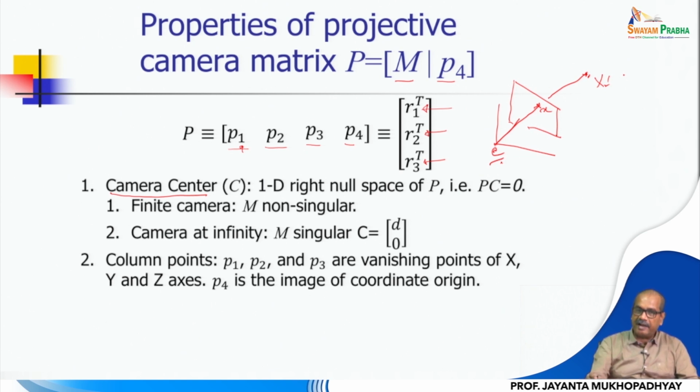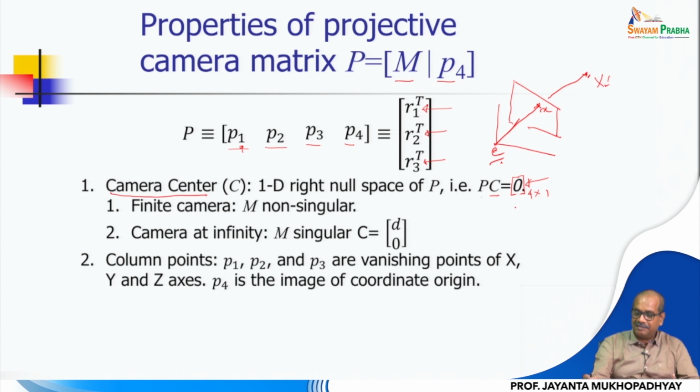In that case, if I want to take the image of C, which means I multiply the projection matrix with the respective camera center in its homogeneous coordinate system itself, I will get a 0 column vector. I will consider it as a 0 vector, a 0 column vector. This 0 is a 4 cross 1, because C is 4 cross 1.